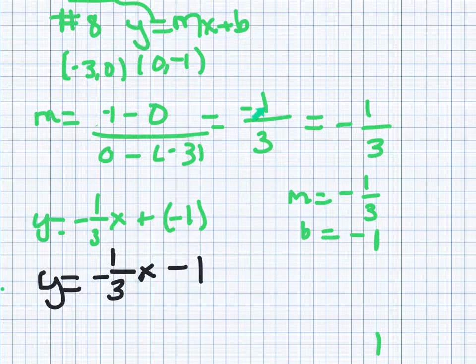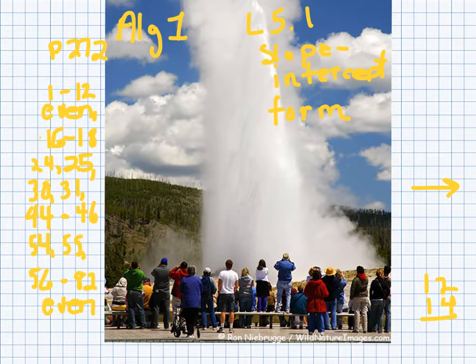I end up with -1/3, and then I simplify that to just negative 1/3. My y equals -1/3x plus -1, and when I rewrite that down here, I have y equals -1/3x minus 1. Your assignment for Algebra 1, Lesson 5.1, which is on slope-intercept form, starts on page 272.